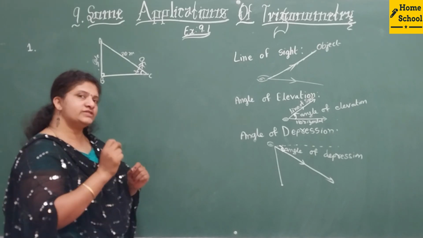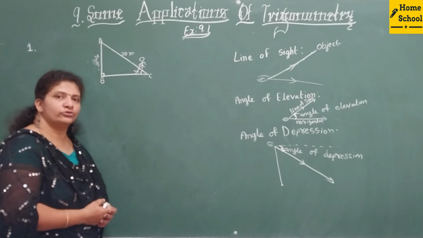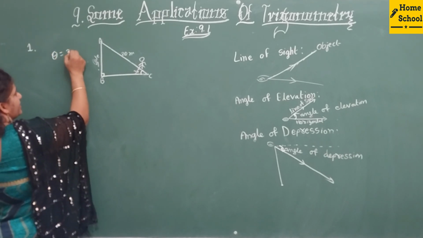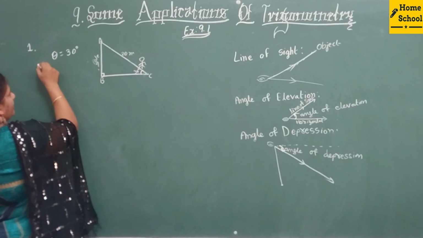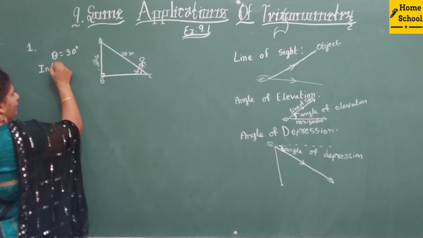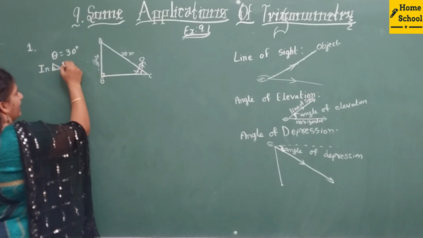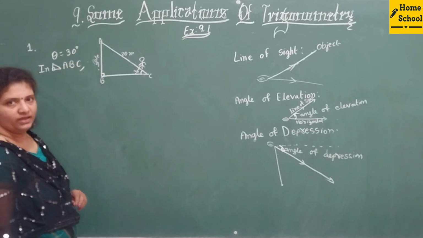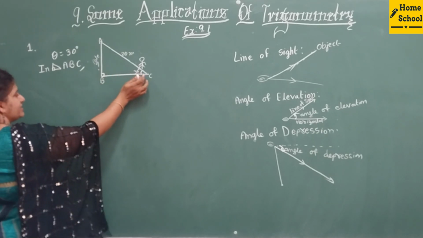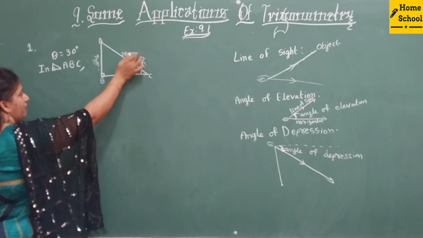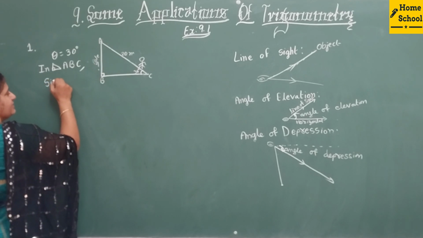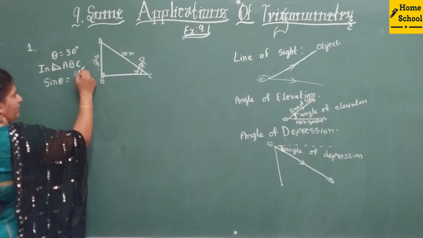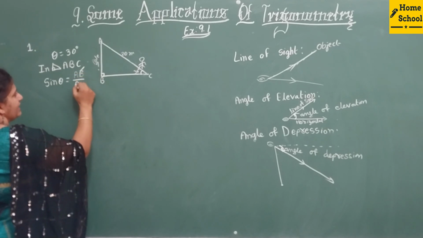If you know opposite and hypotenuse, you can go through the sine ratio. Given theta is equal to 30 degrees in right triangle ABC, right angled at B. Which ratio do we need here? Opposite over hypotenuse, that is sin theta is equal to opposite side AB over hypotenuse AC.